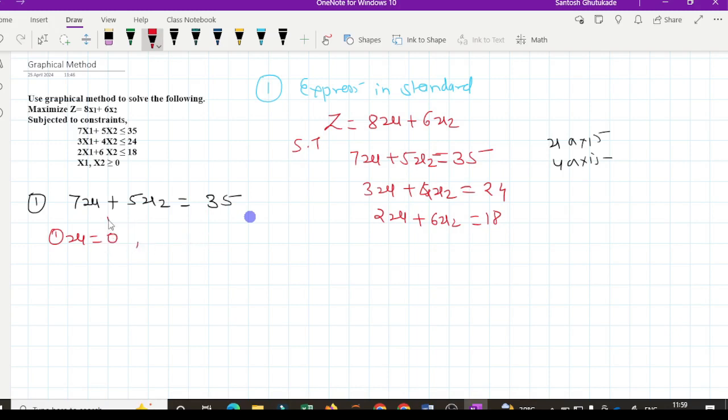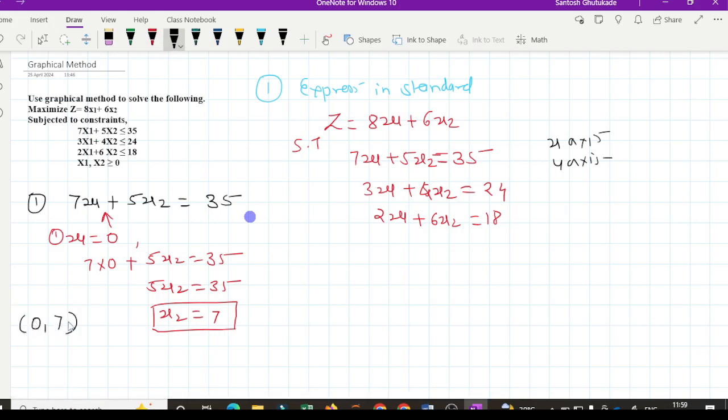You can take any value, no problem. So this equation becomes 7 into 0 + 5x2 = 35, so 5x2 = 35, or x2 = 7, because 35 divided by 5 is 7. So when you put x1 = 0, you get the value 7.